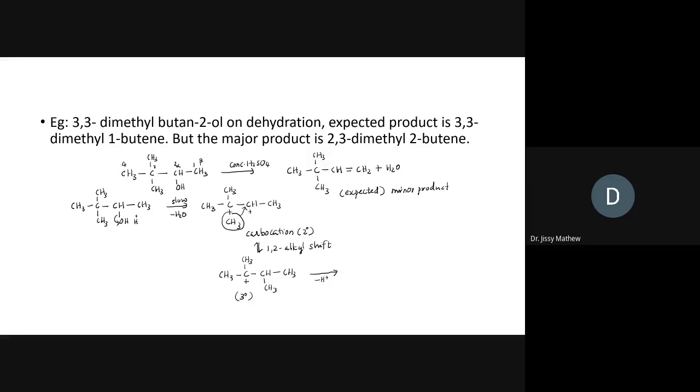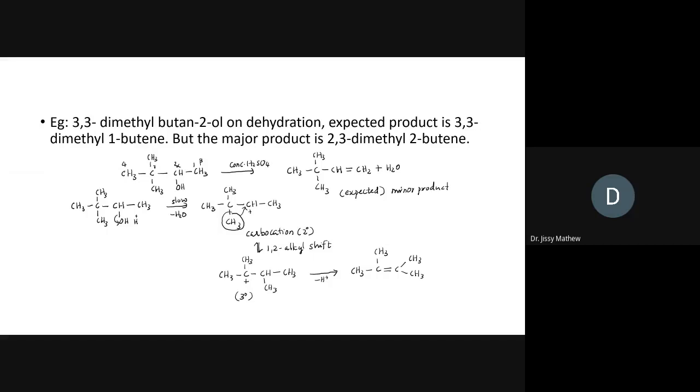This beta hydrogen will be eliminated, because that leads to the more stable olefin, and its structure is CH3, C, CH3, double bond, C, CH3, CH3.